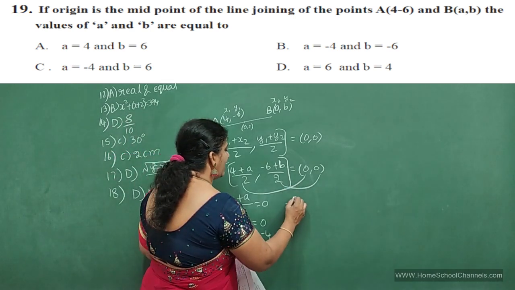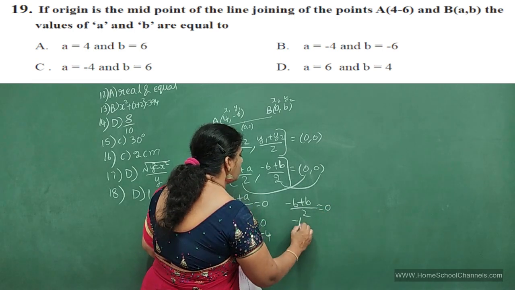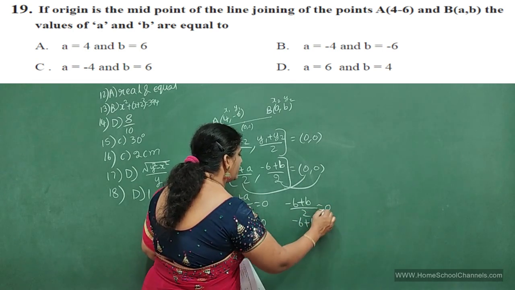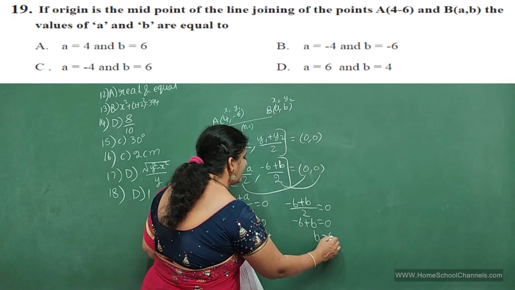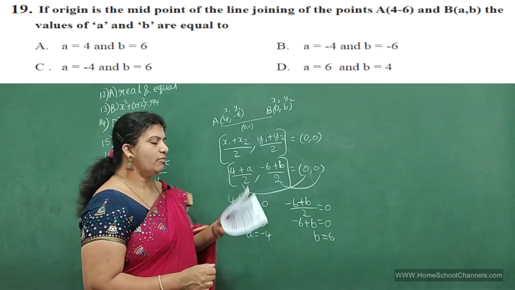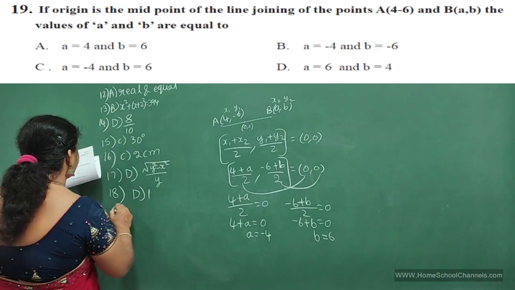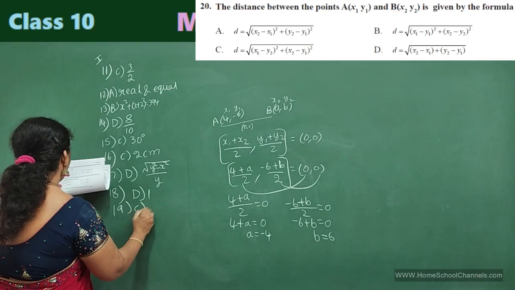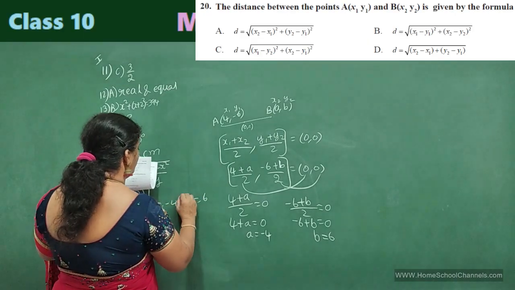And here minus 6 plus b by 2 equal to 0. Minus 6 plus b, 0 into 2 will be 0. B is equal to minus 6 and on the other side plus 6. What are the values of a and b? Minus 4 and 6. And your option is option C, a is equal to minus 4 and b is equal to 6.